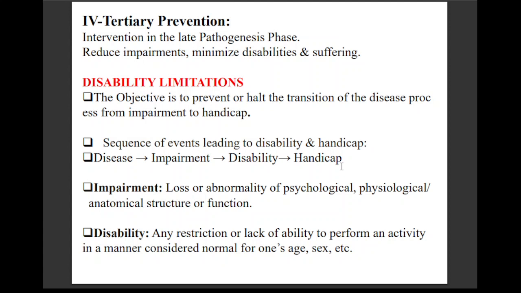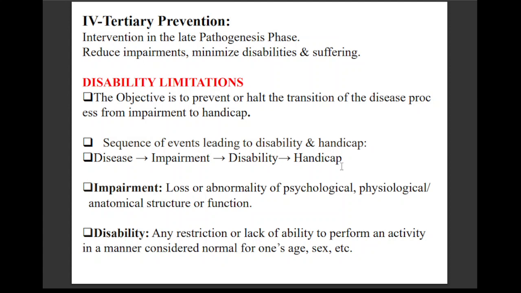If the person is diagnosed early and treatment is started, the spread of infection can be lowered or reduced. Then disability limitation. Suppose the infection has entered other organs, it can lead to organ dysfunction. That can be controlled or limited. So tertiary prevention is limiting all those things.